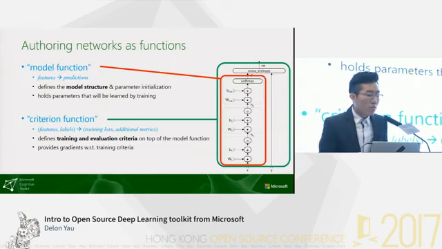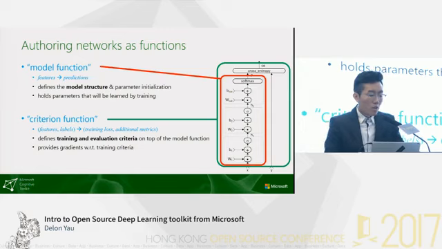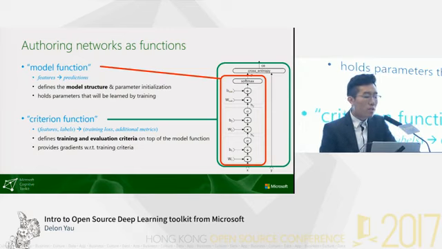So in terms of CNTK, we often talk about functions. Basically, we author those networks as functions. We have two main functions here. The model function defines the model structure and also does the parameter initialization, and it holds parameters that will be learned by training.